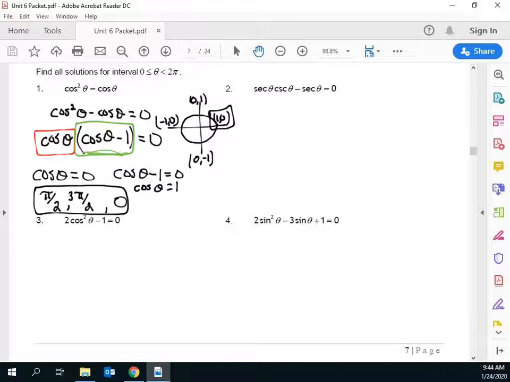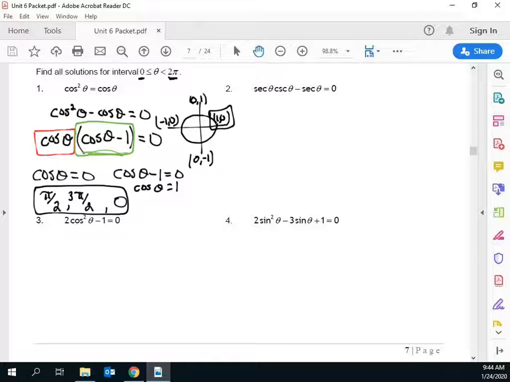Isn't it the same as 2 pi? Be careful. If its cosine is positive, yes, it is the same. But if you look at the interval of the answer, look up at the instructions. It says 0 and include it, but 2 pi, but do not include it. Do you see that? So be careful with the answer. You won't put 2 pi as your answer. You'll put 0.